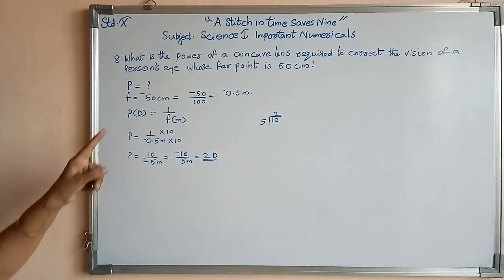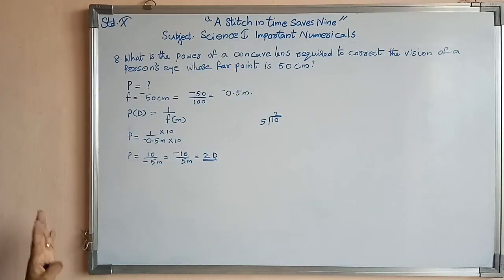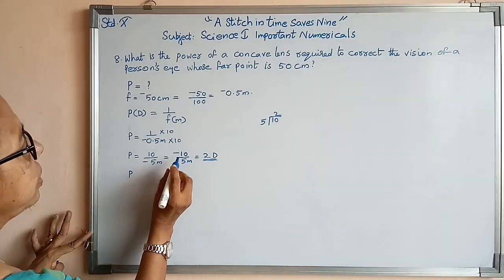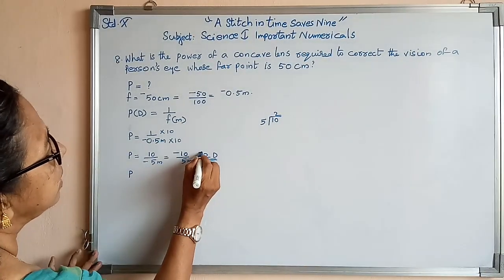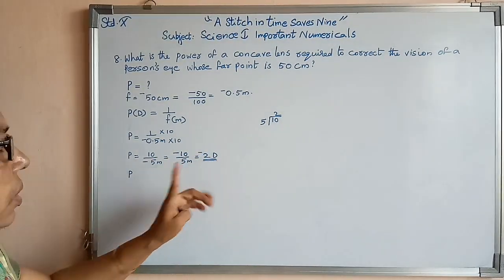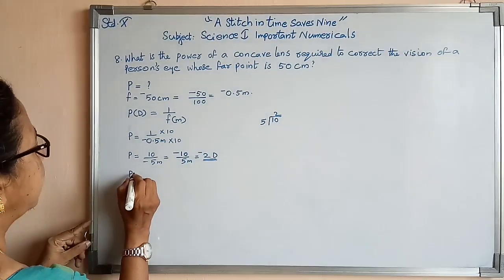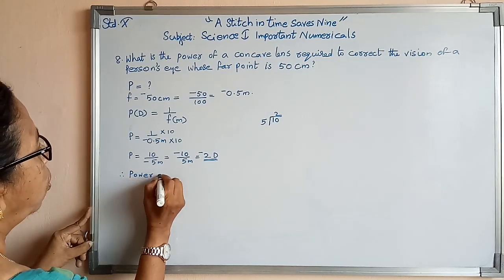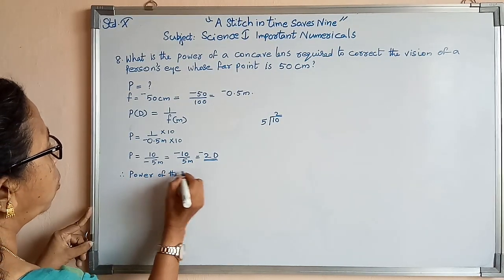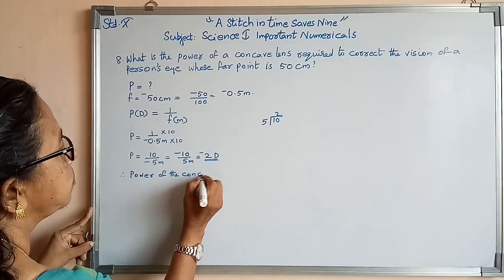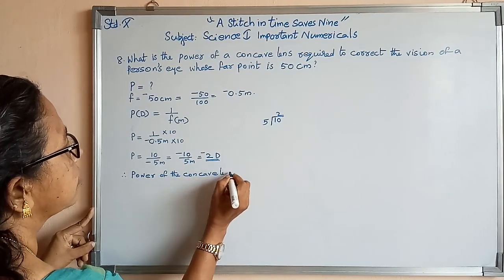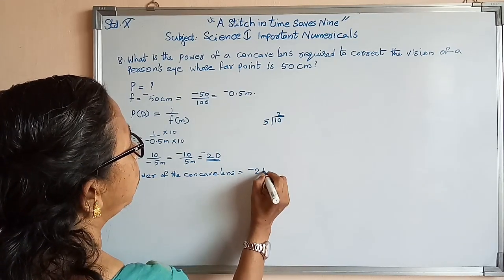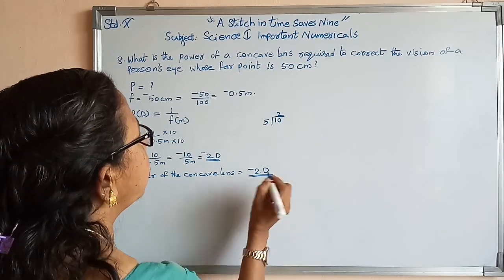So here, what is the power of the concave lens? Its answer is 2 diopter. Which 2? Here a minus value is there, so we have to write minus 2D. D means diopter. Therefore the power of the concave lens is equal to minus 2 diopter, 2D.